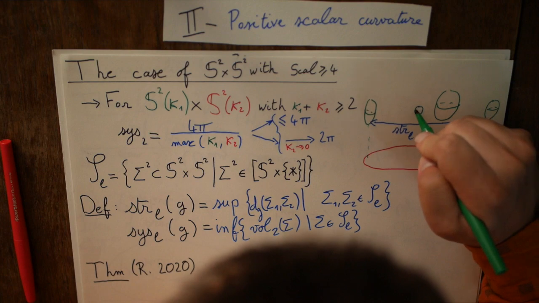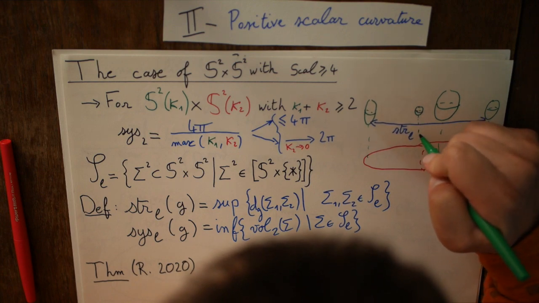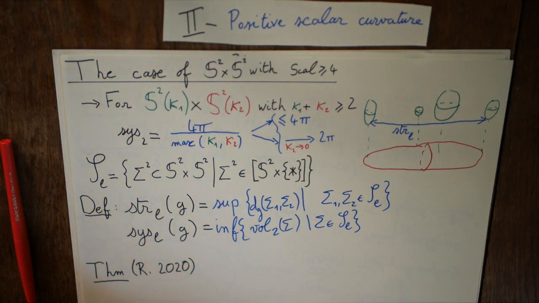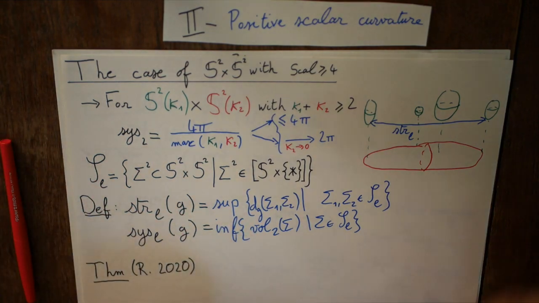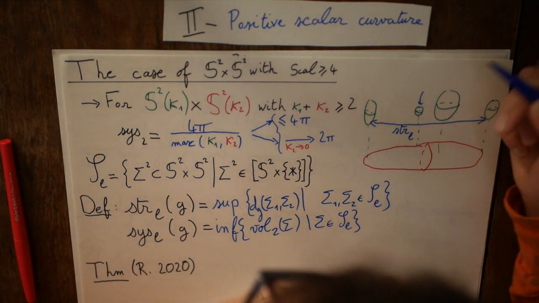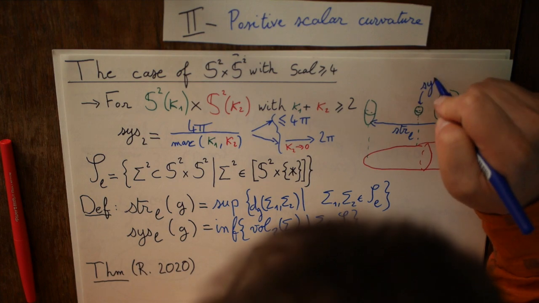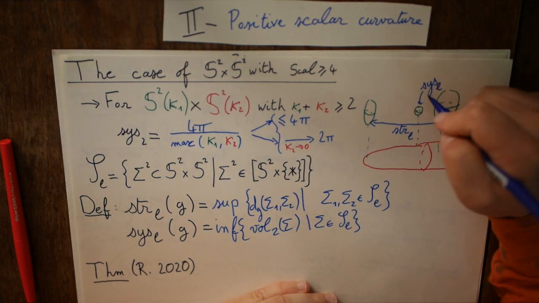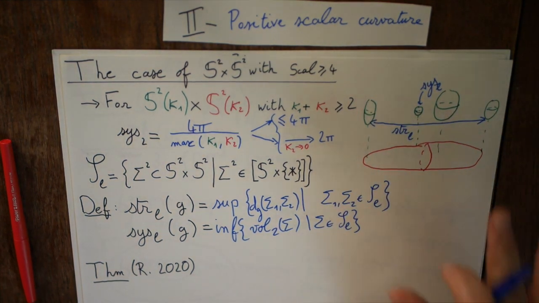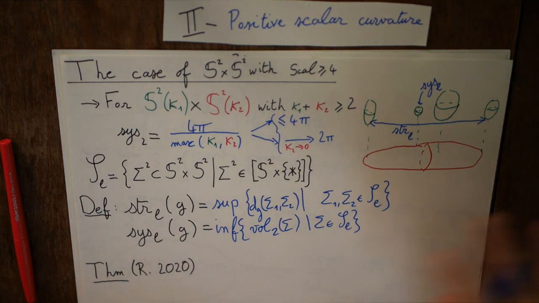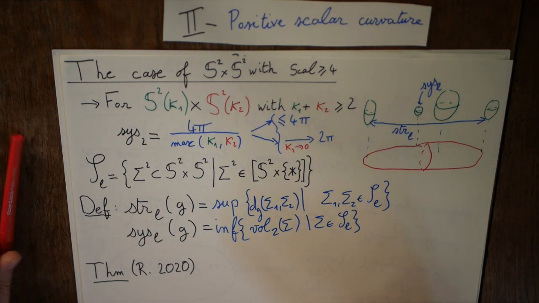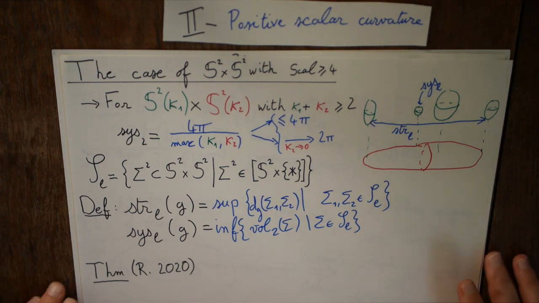And okay, we'll put one smaller one, and the left systole, sorry, would be the area of the smallest sphere that you can find among the green spheres in a loose way, like you are allowed to deform them in a homologically trivial way.